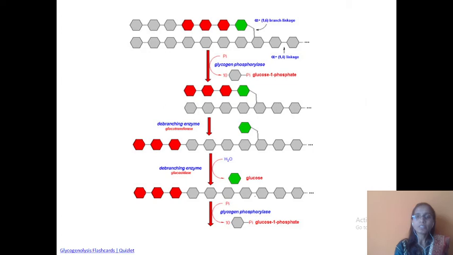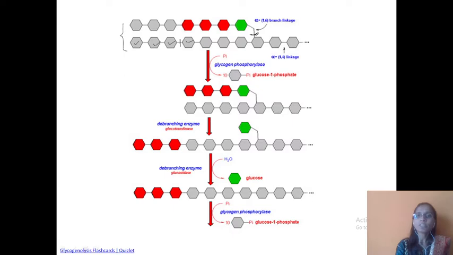Here is the simple mechanism, where suppose this is a small chain of glycogen which is made up of a number of glucose molecules which are joined together by alpha glycosidic linkage. This linkage is an alpha glycosidic linkage, and there are a number of branching points.